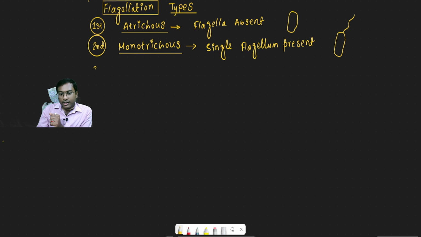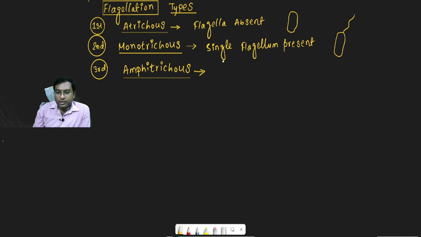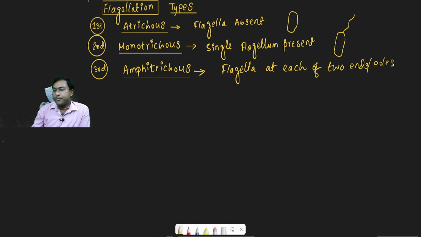Then the third type, which is also very important, is known as AMPHITRICHOUS. Within this type, flagella are at each of the two ends, or poles.